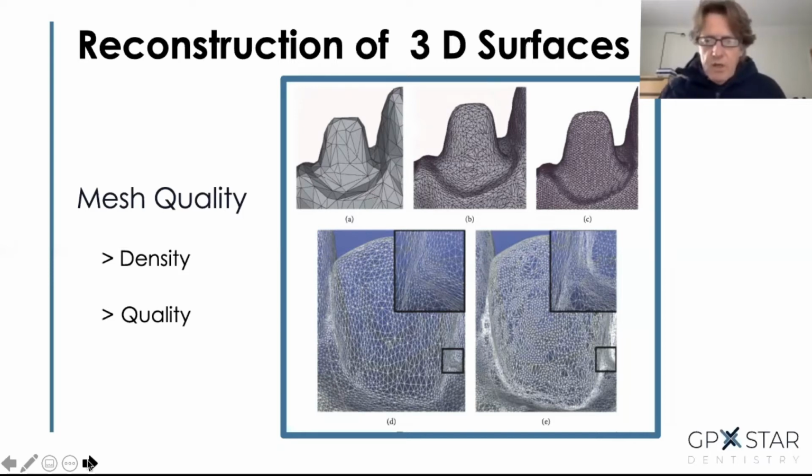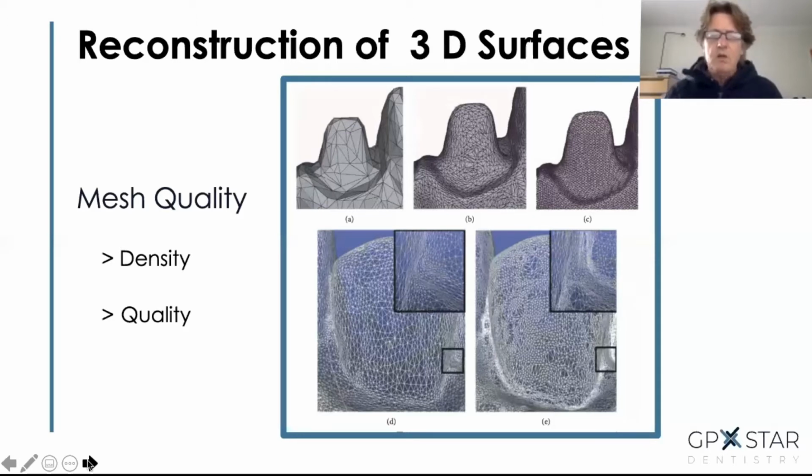Now, as you can see, on picture A there's a widely spread mesh. Picture B is a little bit more tight, and then picture C is a really very complex mesh. And those complex meshes give you more detail, especially in areas like the margin. So on picture A, you won't have a clear margin, but you will also have a surface texture that may be very uneven, because remember, these triangles are connected by straight lines.